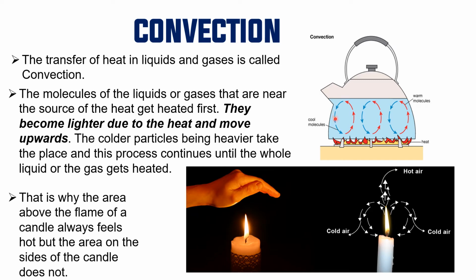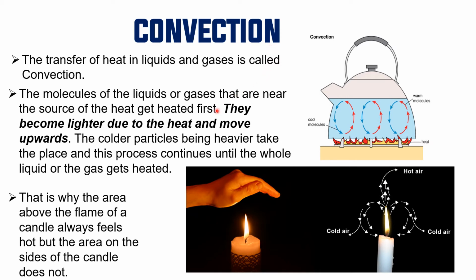So they come down, and the heated particles move up. This process continues until the whole liquid or gas gets heated, and after some time all water particles have the same temperature. That kind of transfer of heat is called convection.